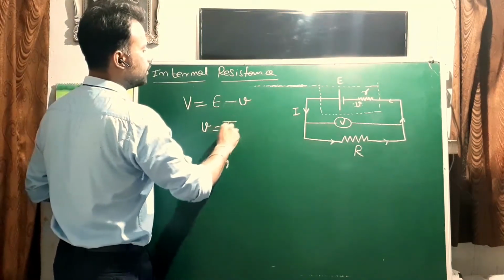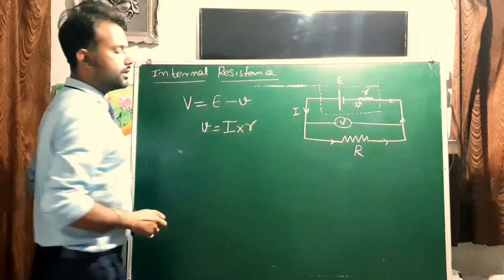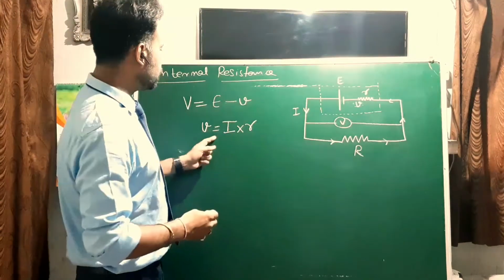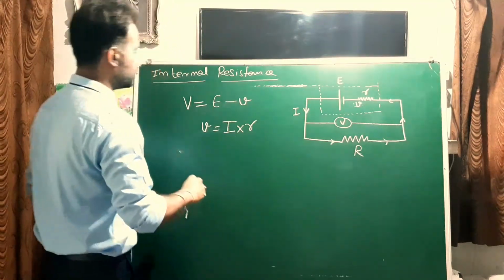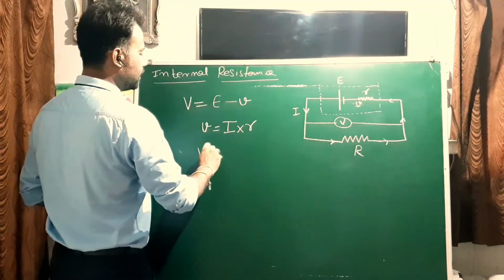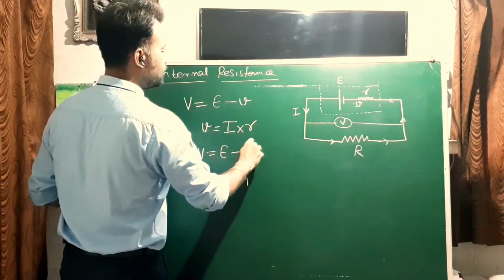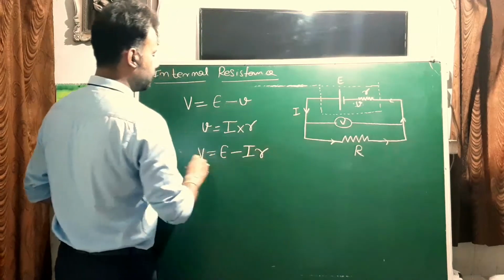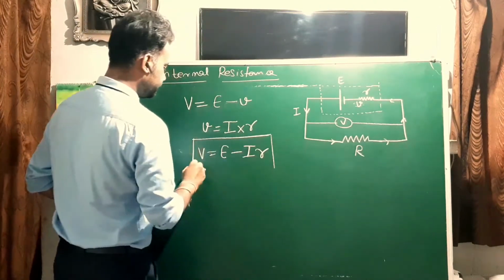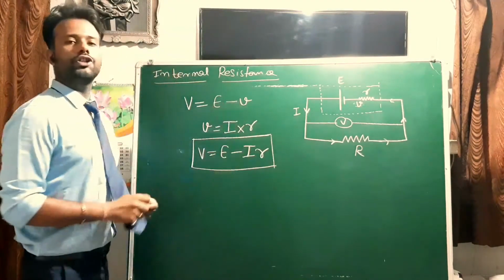The value of V will be current into resistance r, right? This is the drop across the internal resistance. So the terminal potential we get is V equals to E minus Ir. So this is the terminal potential across the cell.